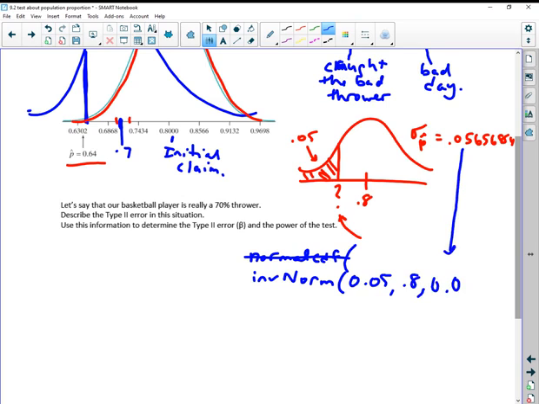I put that into my calculator, and it gives me 0.70695. Okay, back to our curve.